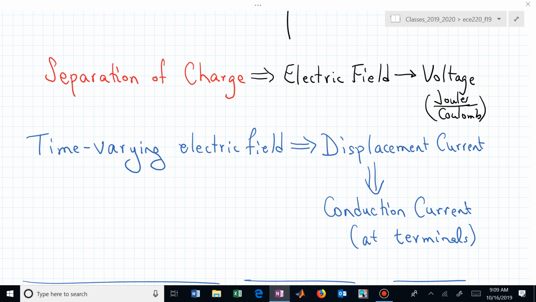And as I said before, we won't really distinguish between the displacement current and the conduction current. But there's no charge flowing through the dielectric, but the fact that it's being displaced, the charge being displaced on the top plate and the bottom plate, that initiates a conduction current at the terminals, the top and the bottom.